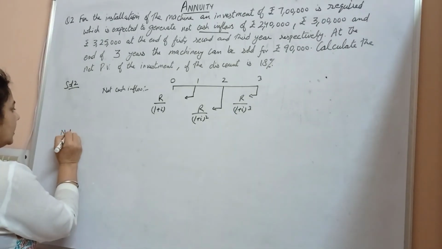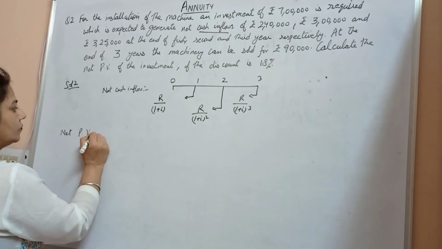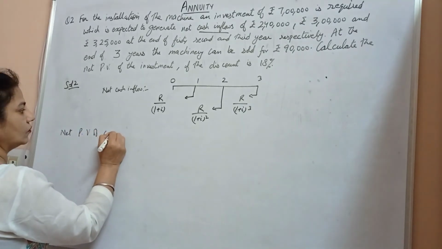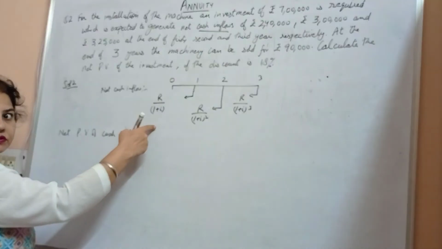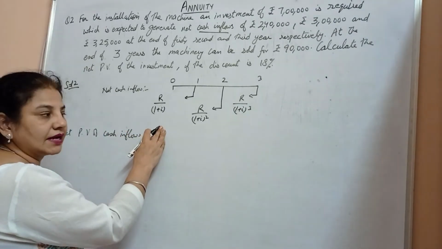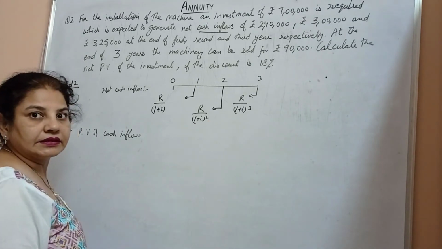So we have the net present value of cash inflow, which is the first year cash inflow plus second year cash inflow plus third year cash inflow.